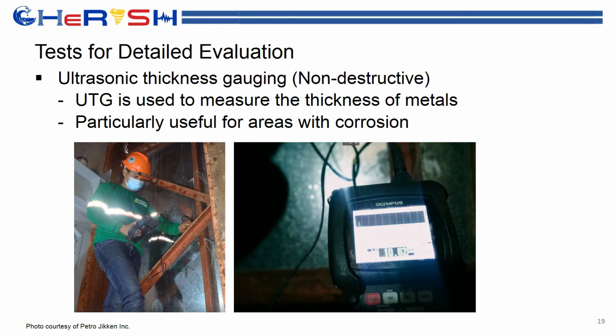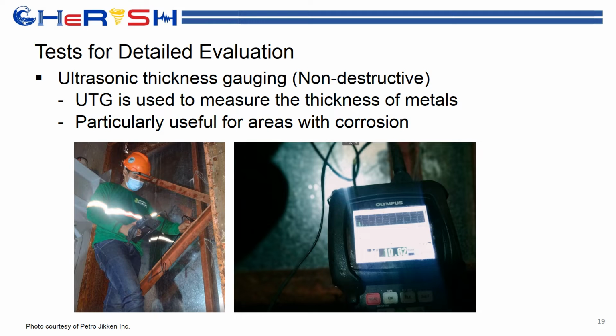Now, for structural steel, we can always do documentation, like measuring the sizes. But an important piece of information that we need to obtain, particularly if we have some corrosion issues in structural steel, is the thickness of the metal.